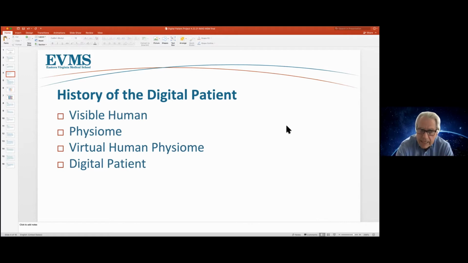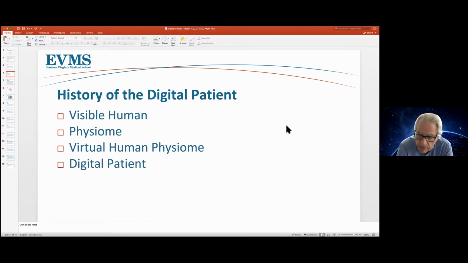That was a late 80s project. In the early 90s, the Physiome Project, Peter Hunter down in Auckland, among others, headed that up to build a physiological model of the human body, all of the processes. So if the anatomy gives us the structure, the physiome gives us the processes.